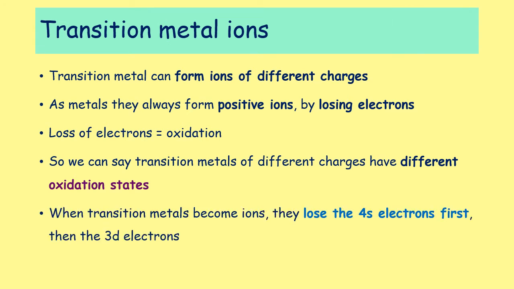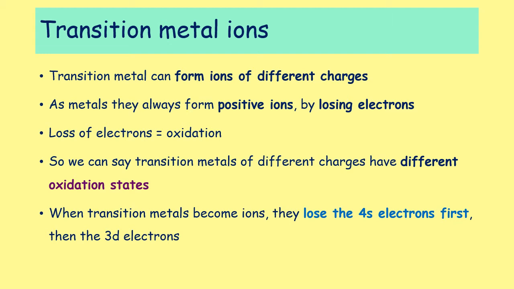And an important thing to note is that whenever transition metals become ions, they always lose the 4s electrons first before the 3d electrons. And you will notice that every first row transition metal is able to form a 2+ ion.